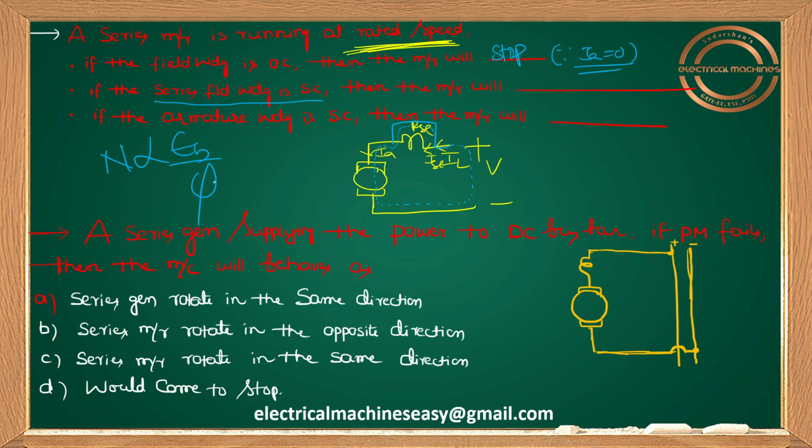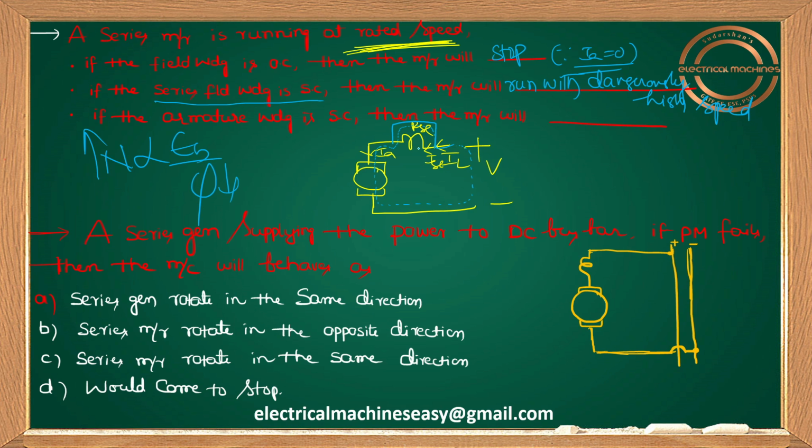Flux is reduced here. Whenever flux is reducing, speed is increasing. So the motor will run with a dangerously high speed.